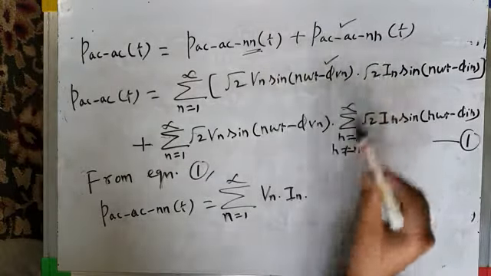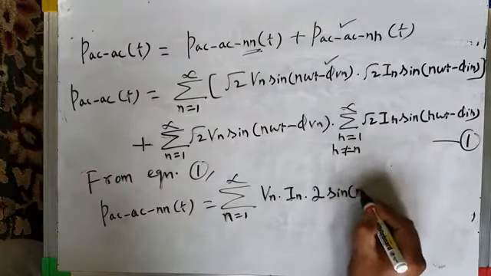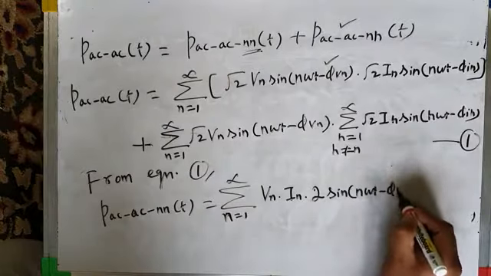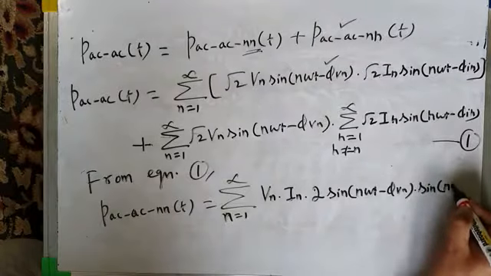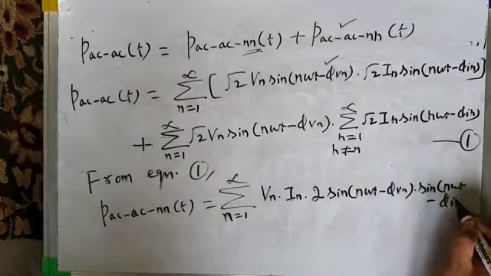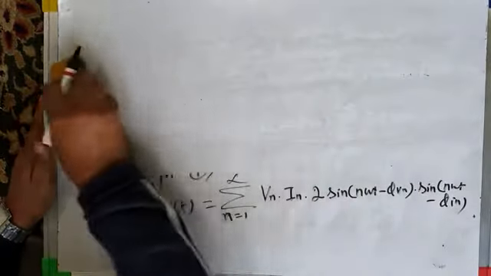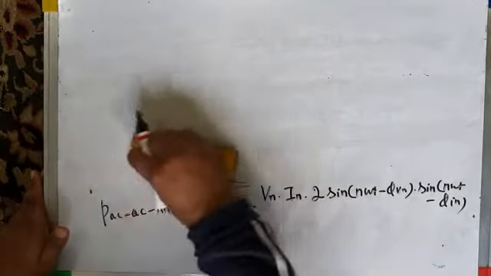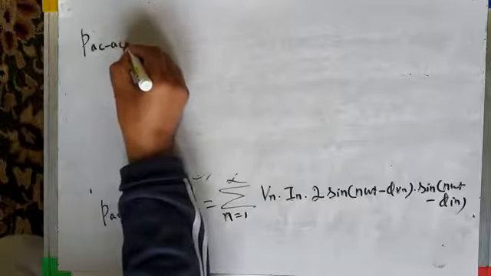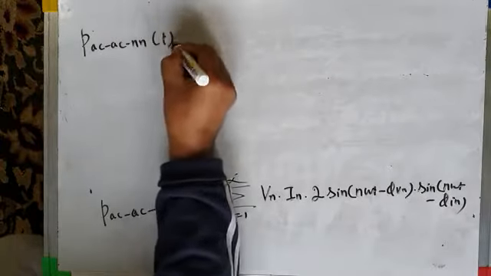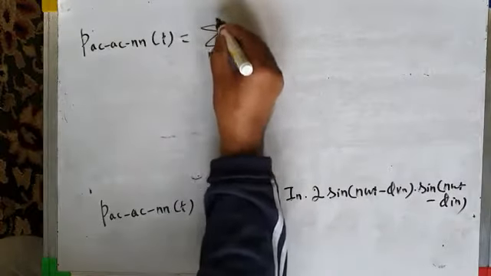Then root 2 into root 2 is 2, so it is 2 sine of n omega t minus phi Vn into sine of n omega t minus phi In. Okay, fine. Now I can write it like this: P_AC-AC,nn(t) is equal to, I will write again, summation n equal to 1 to infinity.